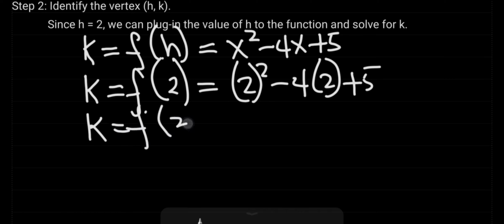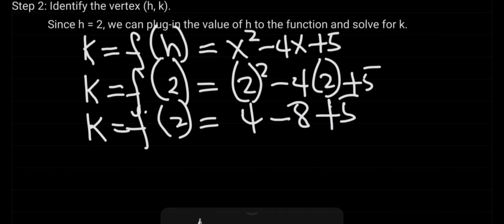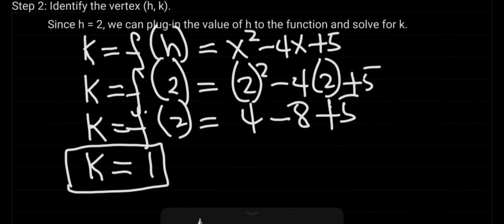f of 2. 2 squared is 4. Negative 4 times 2 is negative 8, plus 5. So the value for k is positive 1.